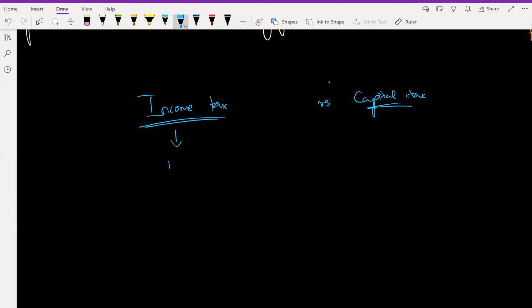Income tax is applied on income, versus capital tax, which is applied mainly on capital gains, or you can say transfer of wealth, which is obviously not the same thing, but on these two things.